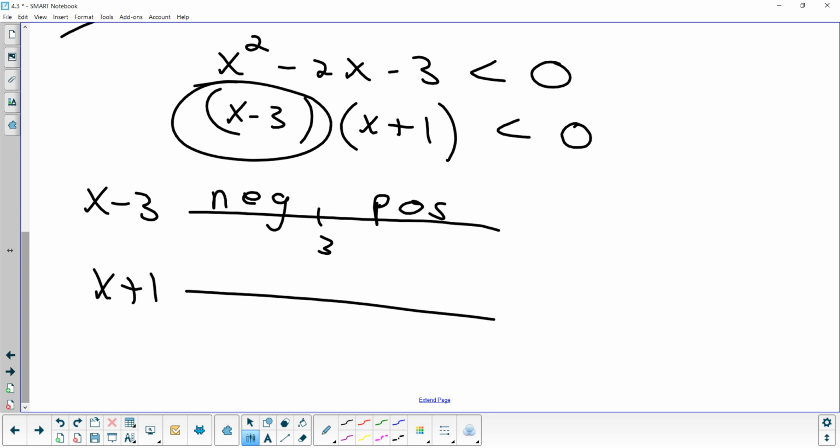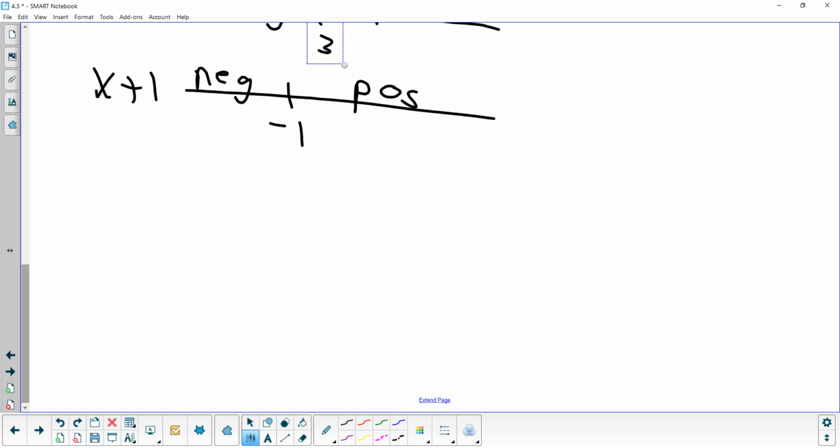What would you plug in for x in the bottom one to make that 0? Yep. -1. And if you plug in a number smaller than -1? Negative number. What if you pick a number bigger than -1, like 0? Yeah, positive. That would result in a positive. So now we have two roots, -1 and 3.